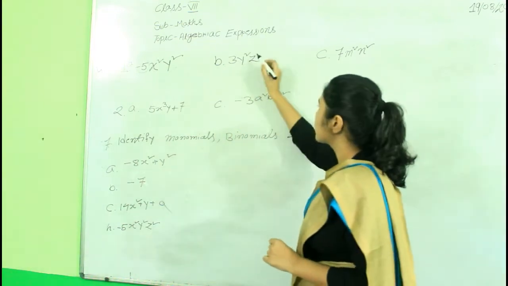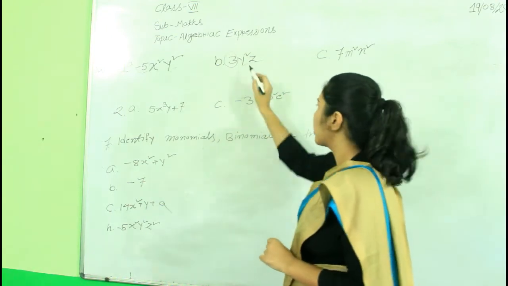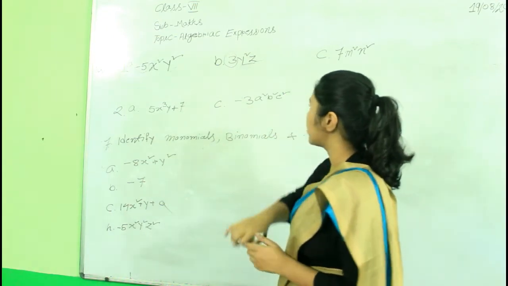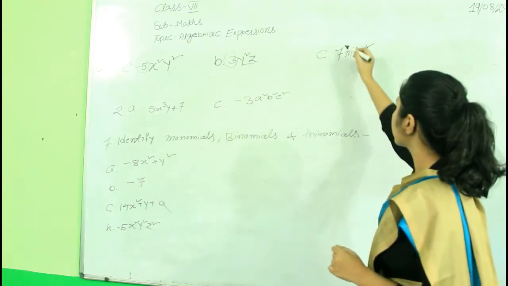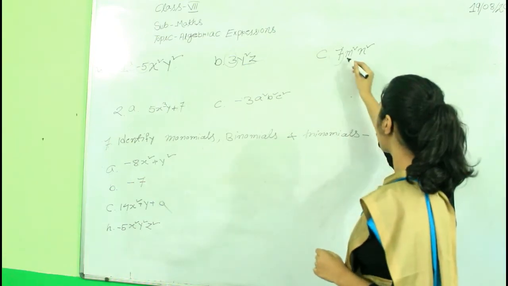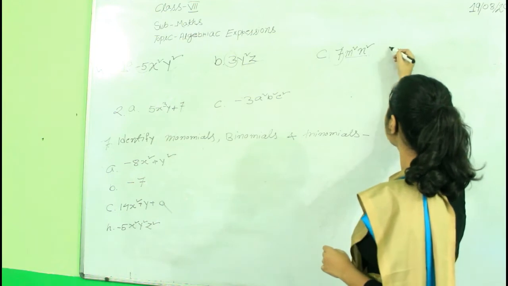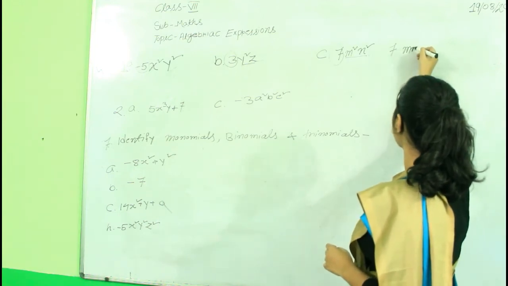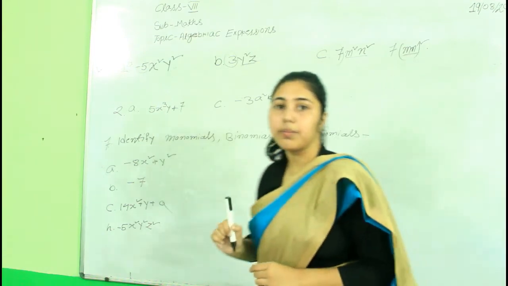Now next case, here 3 is constant, right? And y square z is the variable of this expression. Next here 7 is the numerical constant and m n square are variable. Or we can write it as 7mn square. So the variable is mn.